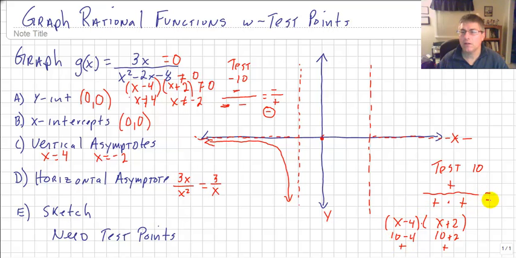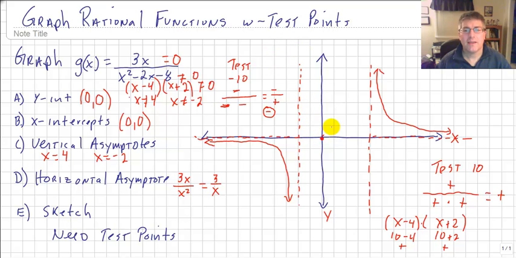All I care about is that my output is positive. Which means if I chose 10, I'm going to get a positive output. There's no route to get to the negative side. I can't get below the x-axis. So from what I know about asymptotic behavior, I know my graph is going to look something like that. And that's good enough. That's all we need to know.